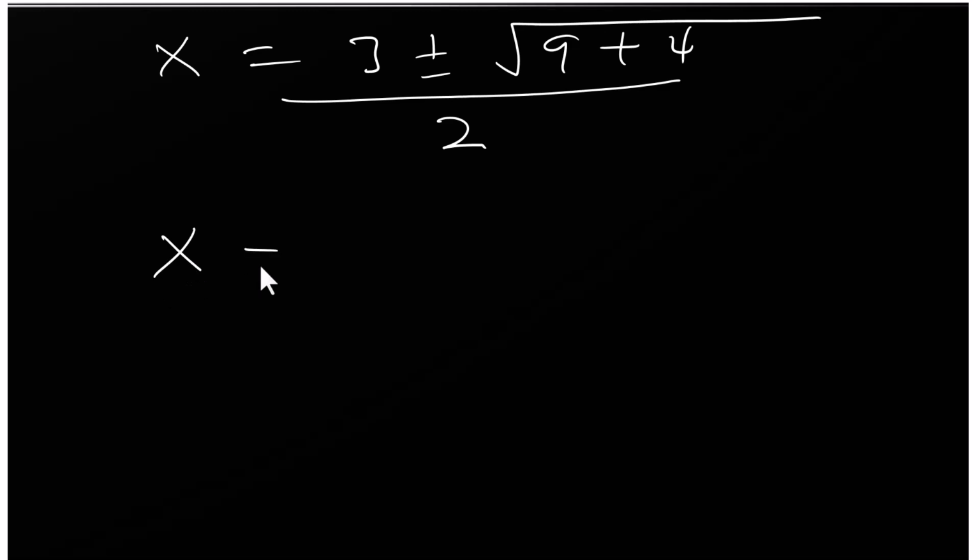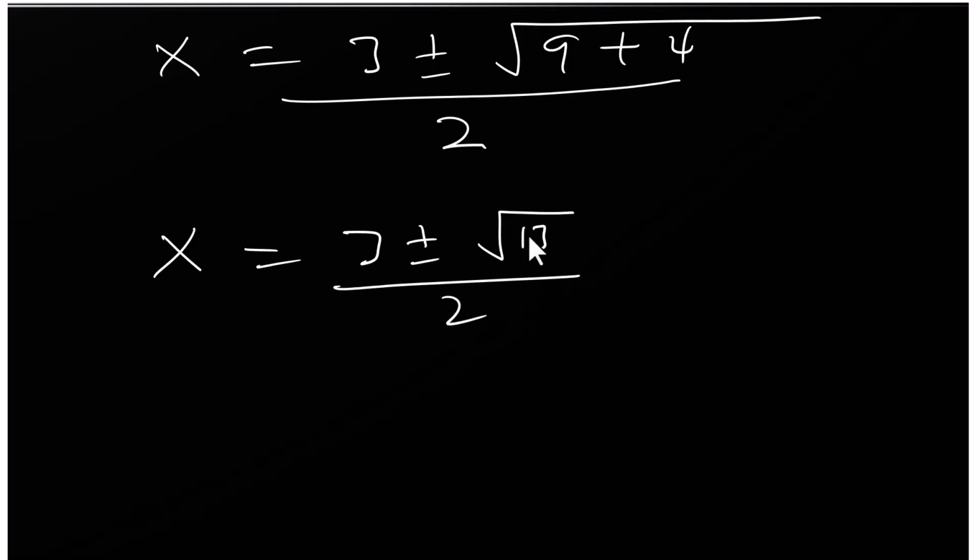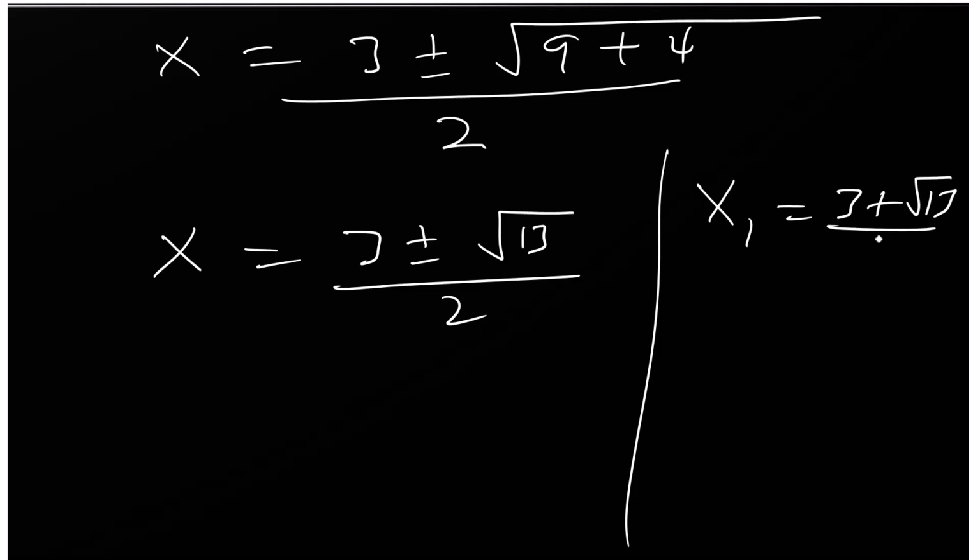So we have 3 plus or minus square root of 13 over 2. So x has two solutions. So my x1 will be 3 plus root 13 over 2, and x2 will be 3 minus root 13 over 2. So that's that.